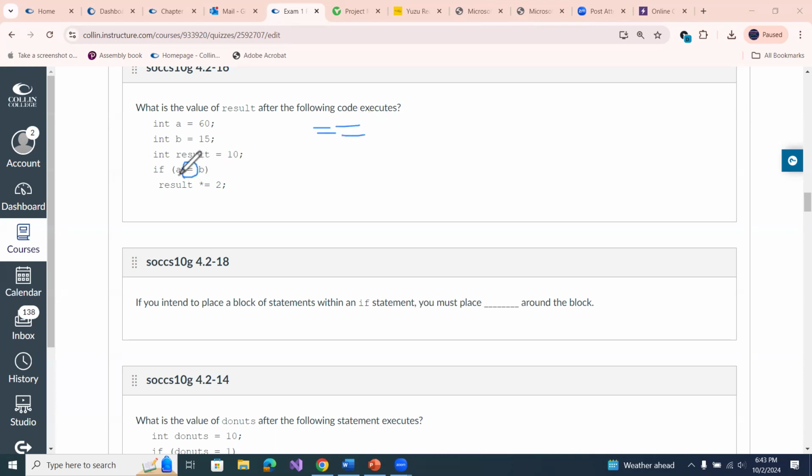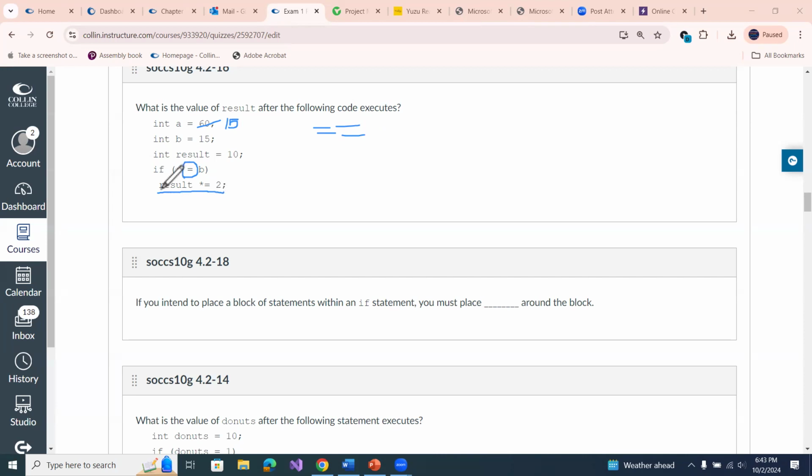So here what the computer does is assign B to A. So A changes to 15. And then this line is going to happen no matter what. Because you're just saying, hey, assign B to A, and then it just does this line. It doesn't tell you true or false. It just does this line no matter what.